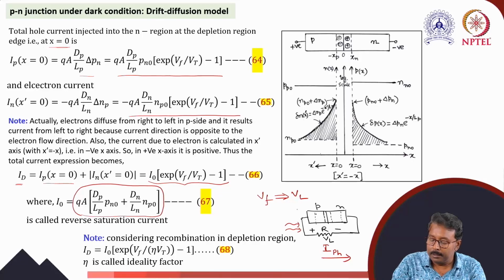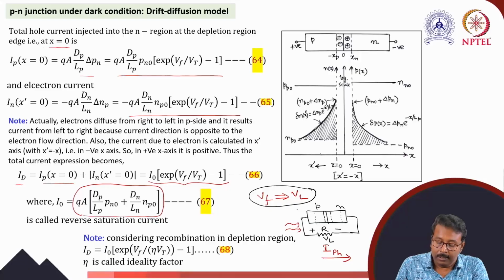So VL will be appearing in the expression of the solar cell equivalent circuit model, in the expression for dark current in the model equation for solar cell.